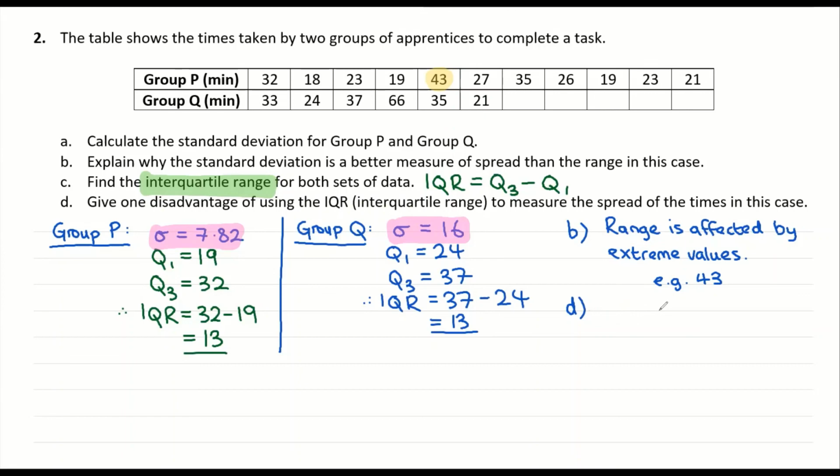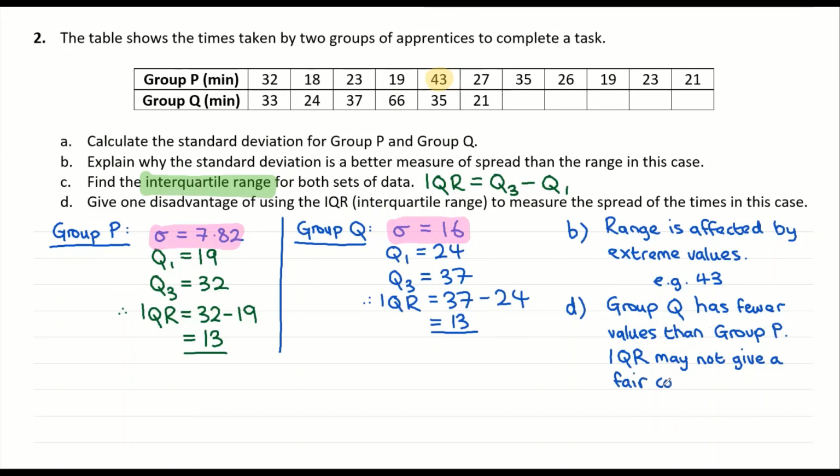So for part D, group Q has fewer values or data points than group P. And when that happens, the interquartile range may not give a fair comparison. Okay, so that's one interpretation.